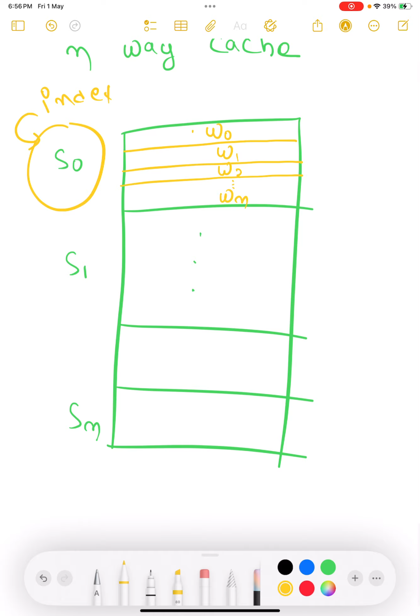Then the tag tells which way to choose, which line from the current set to choose. And the offset tells which byte in a line to choose, the first byte or second byte or third byte in a particular line of cache which sits in a set.